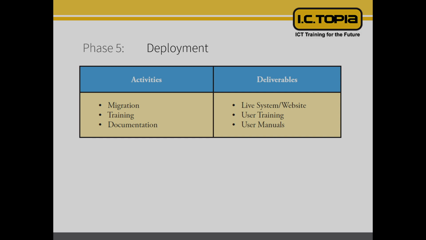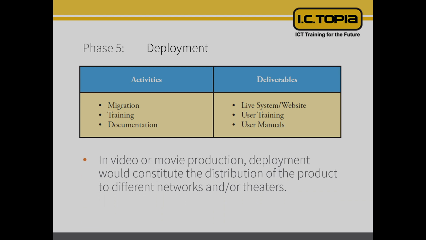So in deployment, we have the migration, training, documentation, live system website, user training, user manuals, yan. So yan yung mga magiging guide ng bawat tao para sa inyong project. In video or movie production, deployment will constitute the distribution of the product to different networks or theaters.